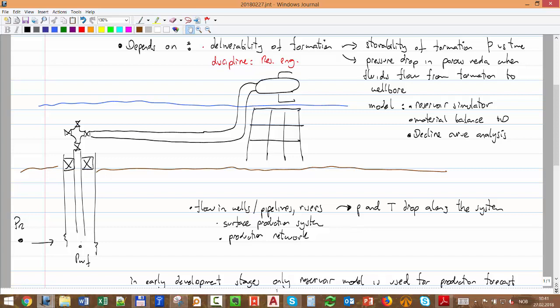But the clue, if you want to have a good approximation, because it cuts here, okay? And the reservoir simulator is using just a pressure boundary. It's using just a pressure to represent the whole system. So if that pressure is too high, you are saying that you will need a very high pressure to circulate through the system, and your rates will be very low.